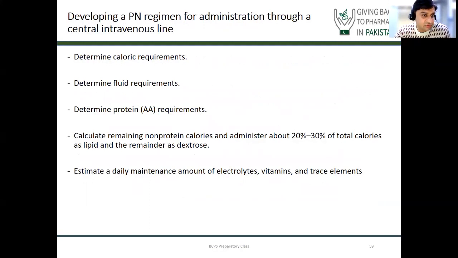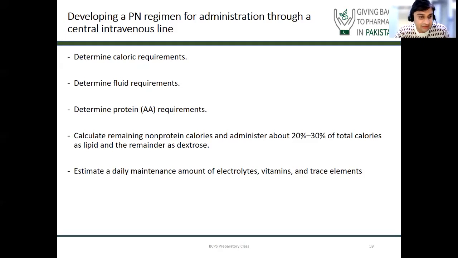One is to just give weight-based calories, 25 to 35 kilocalories per kg per day, which is the usual recommended caloric intake in critically ill patients. Another way is to calculate the calories through indirect calorimetry, and third one is to calculate it with the use of some equations, for example Harris-Benedict, which is a very famous equation.